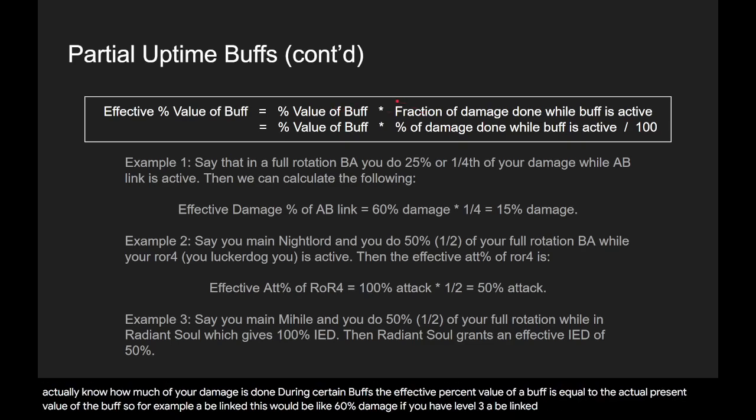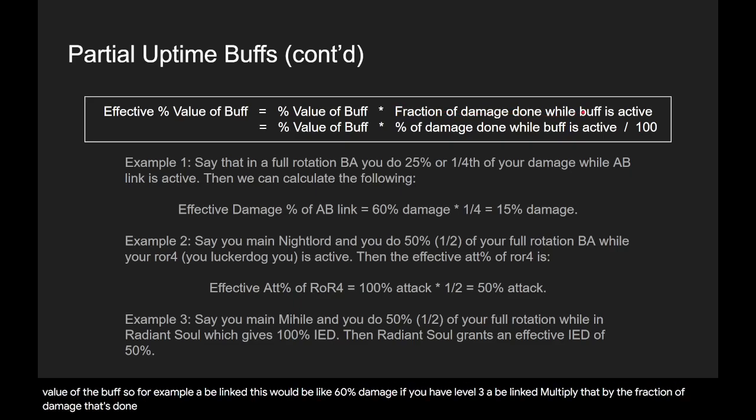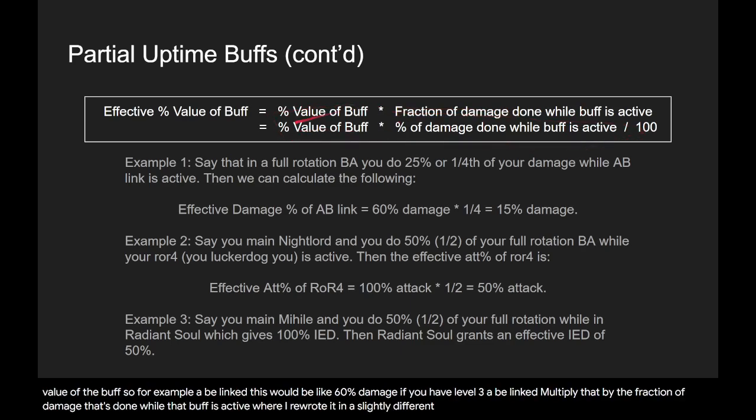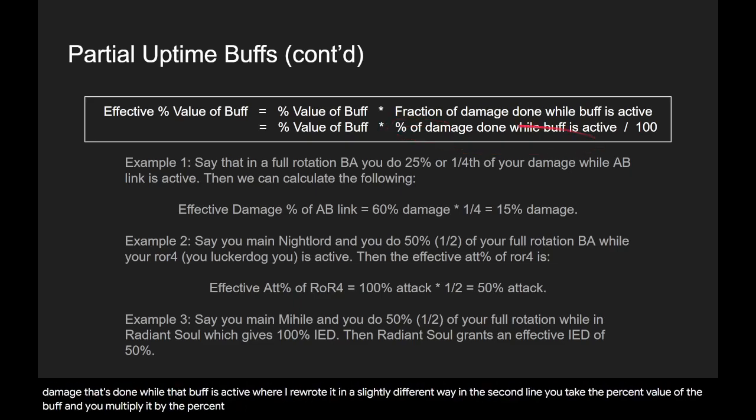And you multiply that by the fraction of damage that's done while that buff is active. Or I rewrote it in a slightly different way in the second line: you take the percent value of the buff and you multiply by the percent of damage done while that buff is active divided by 100. Again, the divided by 100 is just converting from a percent to a decimal, or basically to a fraction.